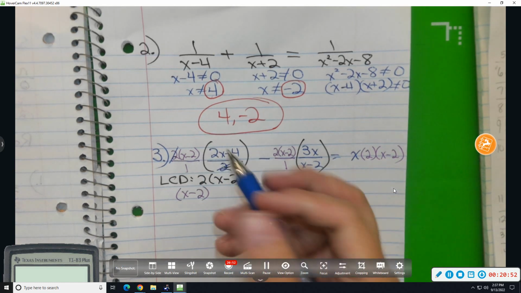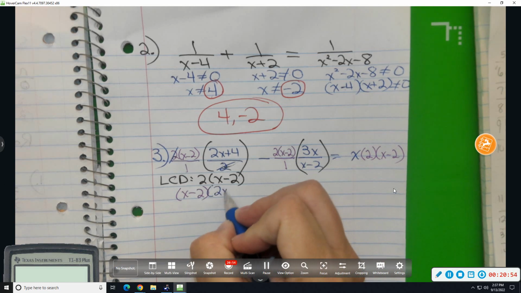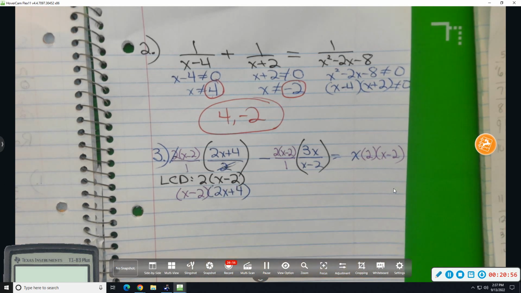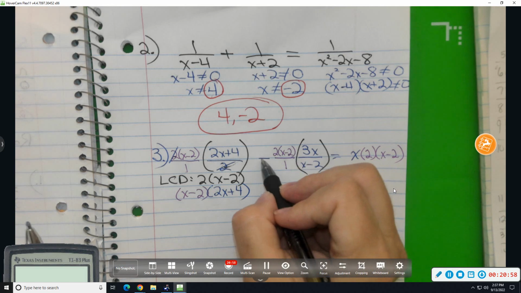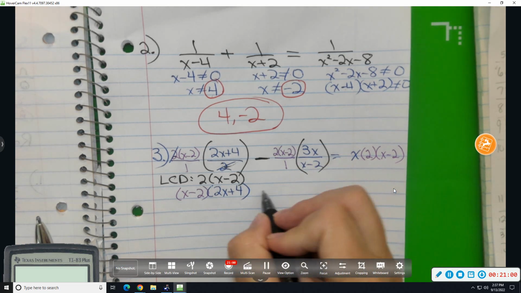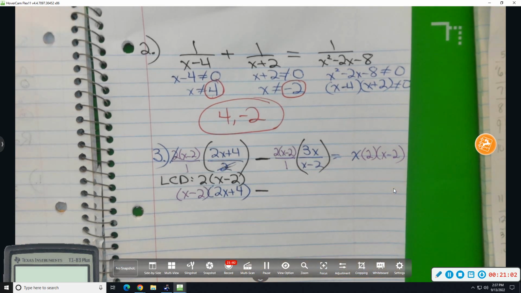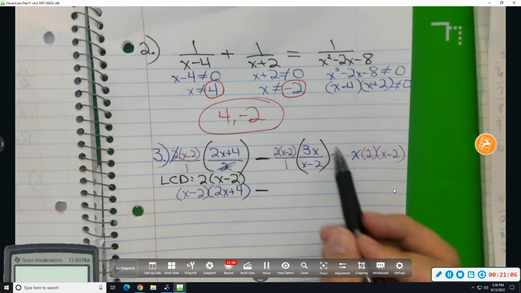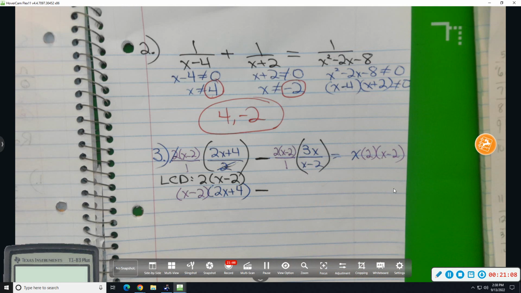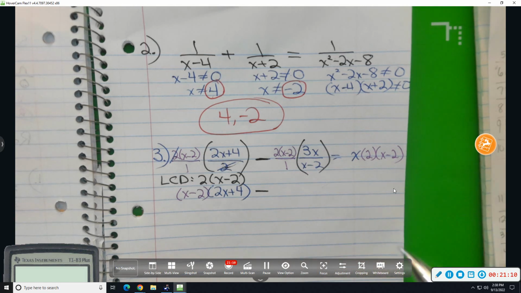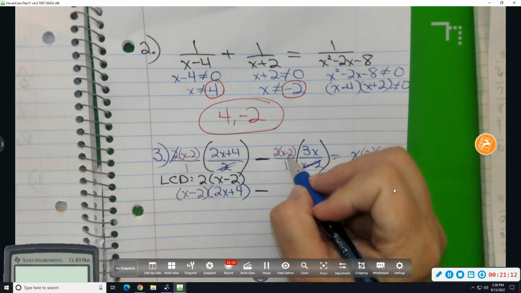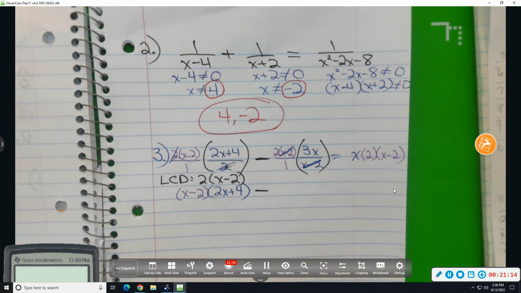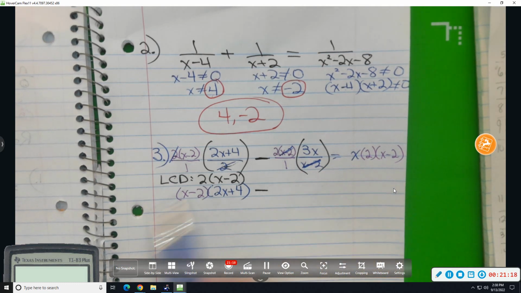The 2x plus 4, I agree. This minus right here is the minus I have right there. Oh, something nice is about to cancel in this second product. What's about to cancel? The x minus 2 here will cancel with that x minus 2. So we have a 2.